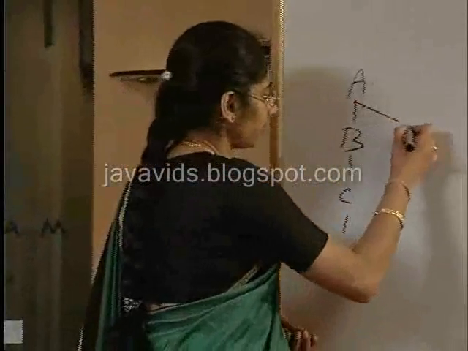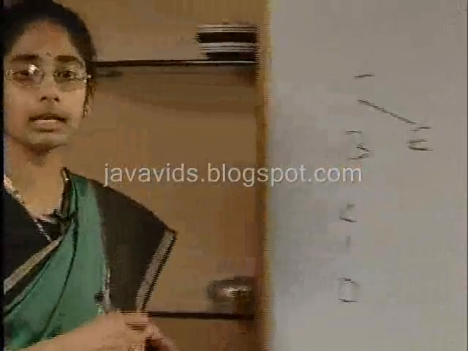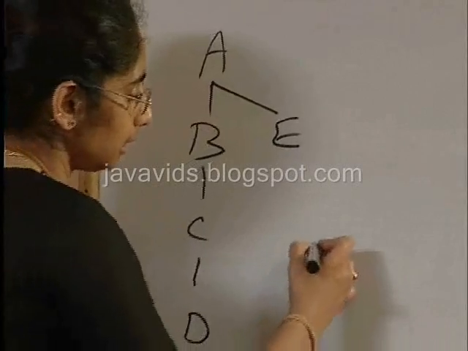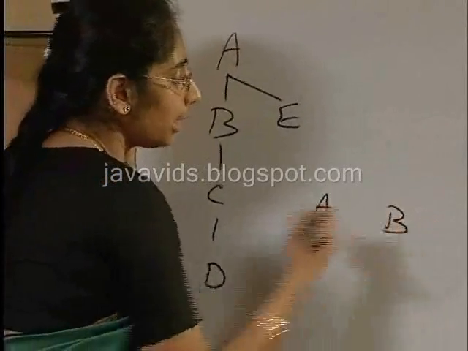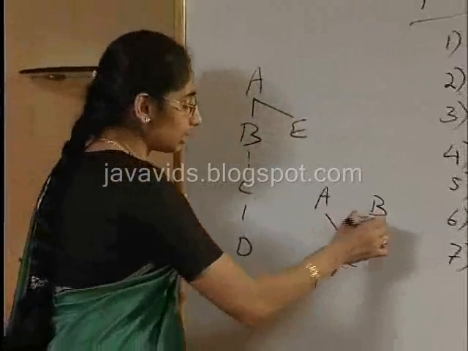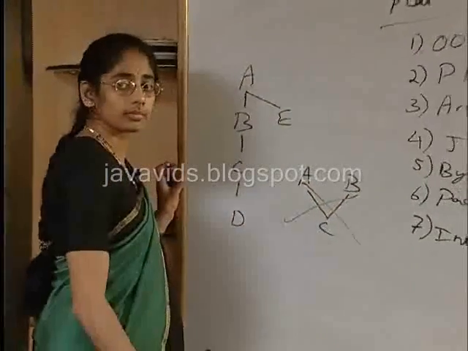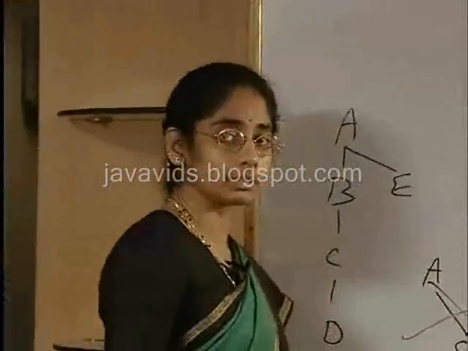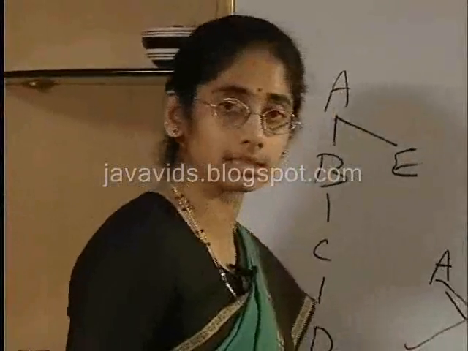But we cannot have multiple inheritance. For example, I cannot have A and B both being parent to C. This is not allowed in Java. The complexities of C++ have been reduced in Java by avoiding certain features like multiple inheritance.